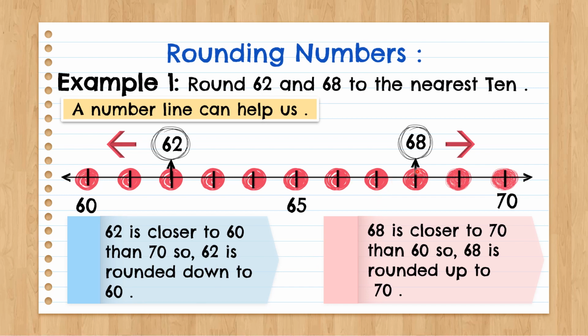Look, 68 is near to 70. So when we round off 68, it will be 70 because 68 is closer to 70 than 60. So 68 is rounded up to 70.